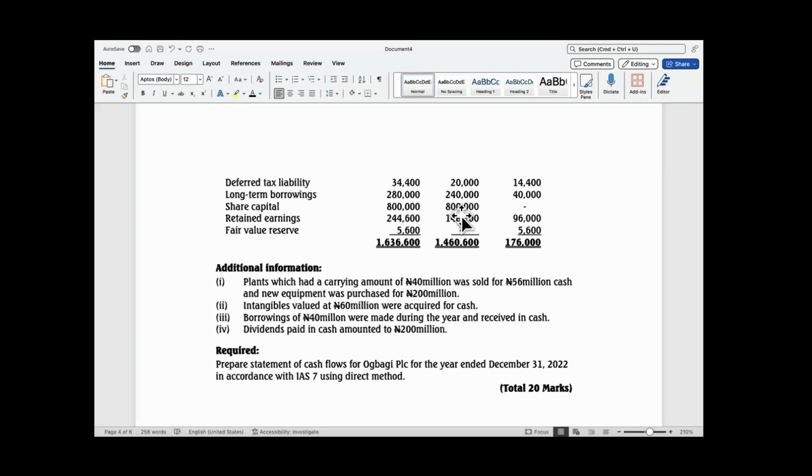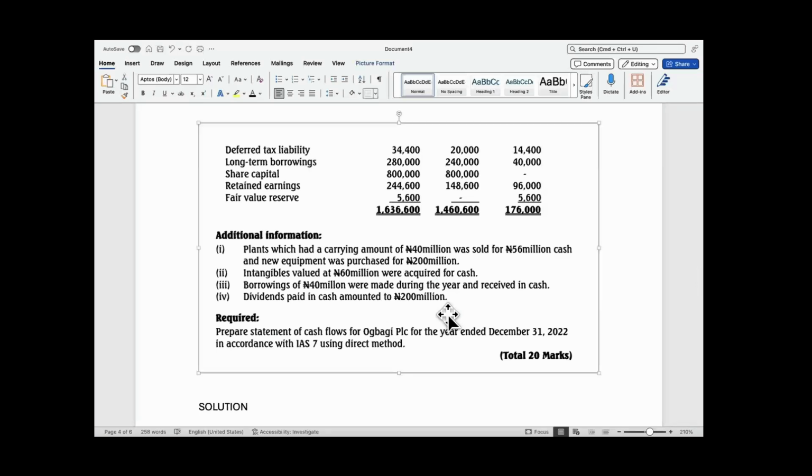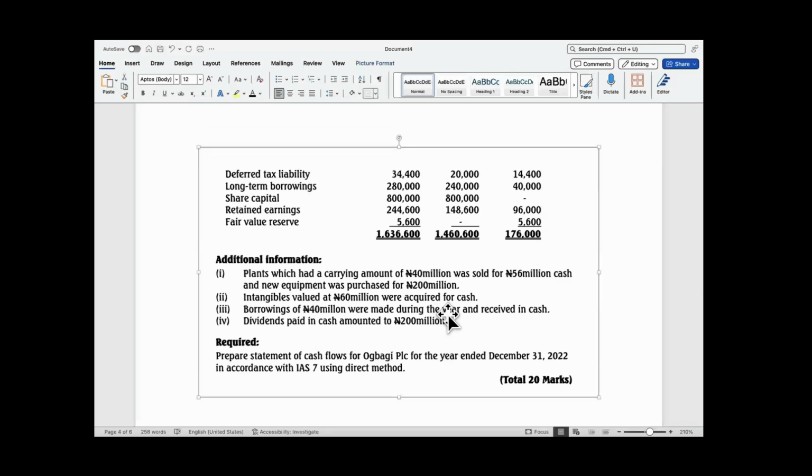The way I will move it is opening retained earnings plus my profit minus closing, and the balance will give me dividend paid. But the examiner was very nice to you guys. He already told me in the final notes that my dividend paid is 200 million. Even if you do what I've mentioned, you will still get the same thing.